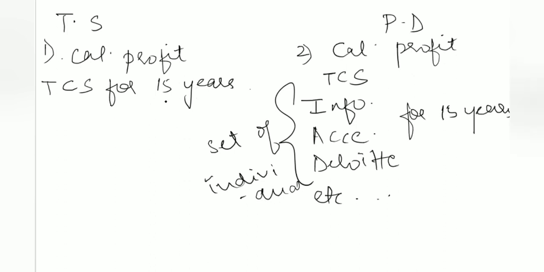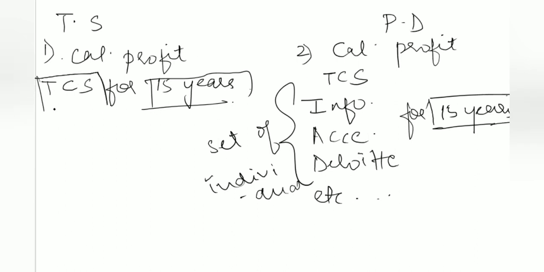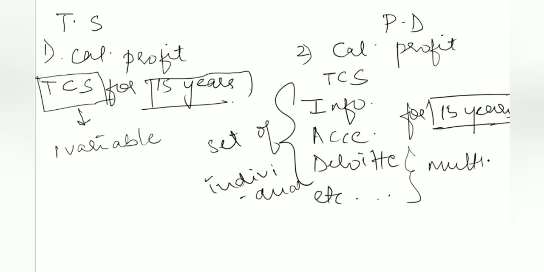Now you see the similarity is the time period, which is for multiple durations. What is the difference here is just the TCS, and here it is a set of individuals. So time series belongs to one variable, and in panel data it belongs to multiple variables. Now I hope the time series and panel concepts are very much clear with this example.